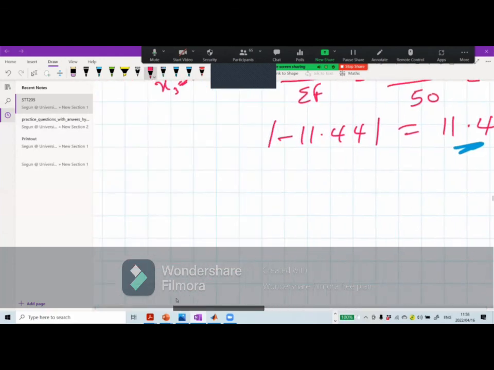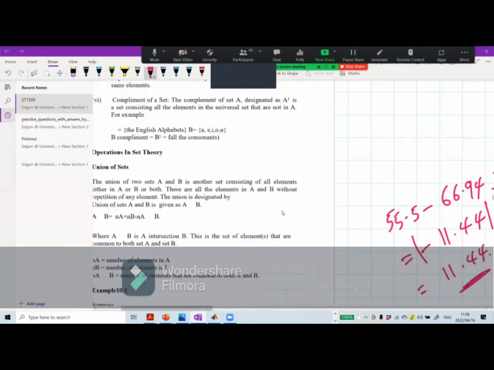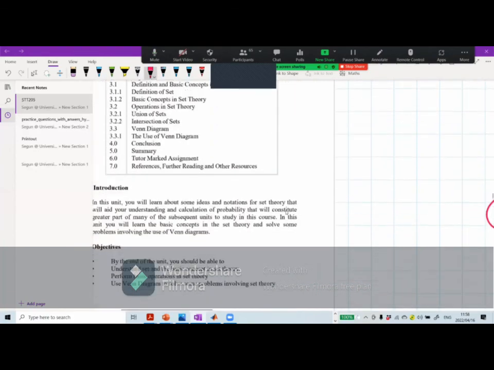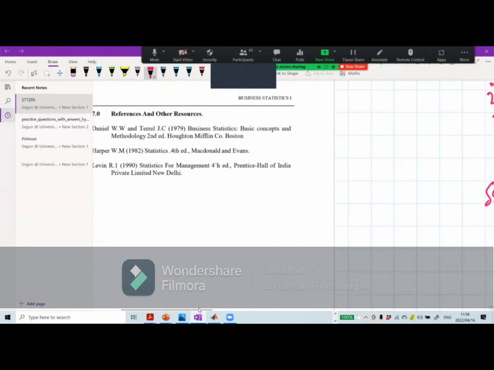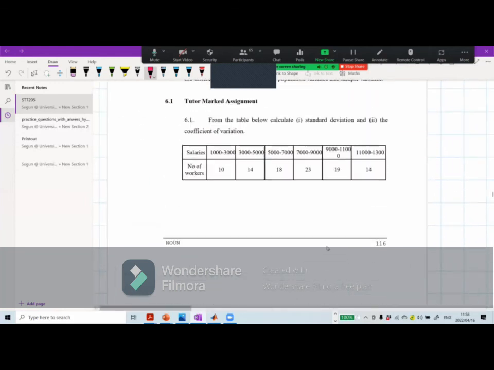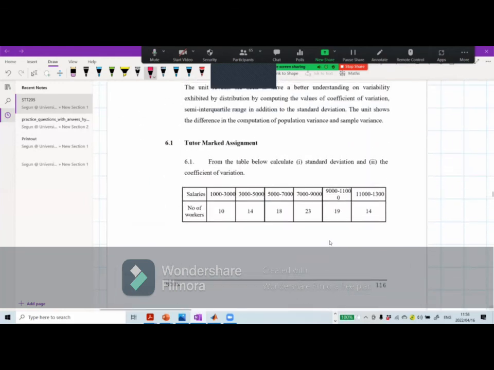Okay, let me show you one question here. In your book, now, they give you this table in your exam and they ask you to calculate the standard deviation and the coefficient of variation.